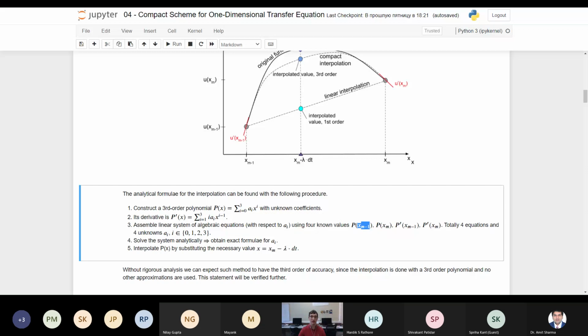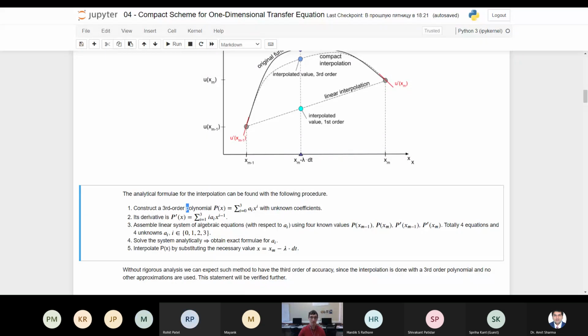We know the values in these points because the values of the polynomial are the function values u at the grid points, and its derivative are function values v at the points of the mesh. So we have totally 4 equations and 4 unknowns, and the system can be solved analytically, thus finding the approximating polynomial.